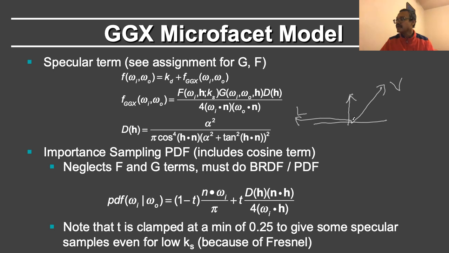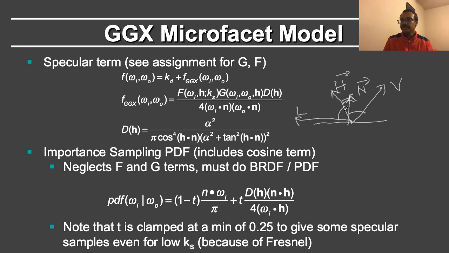The half angle will be the bisector between the lighting and the viewing, where this angle is equal to this angle, and this is the half angle direction. A critical quantity in these half angle models is the dot product of the angle between the half vector and the normal. That's what is known as the half angle.